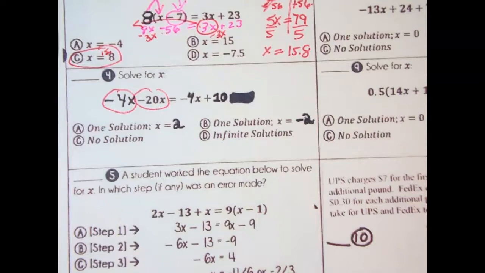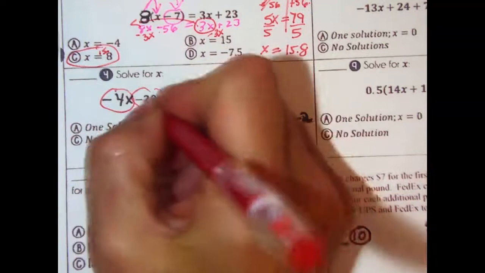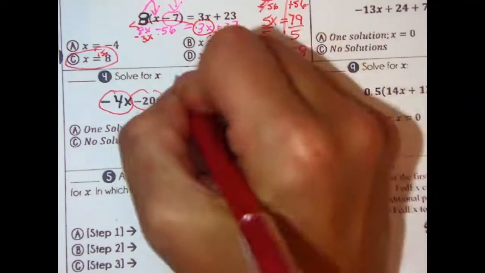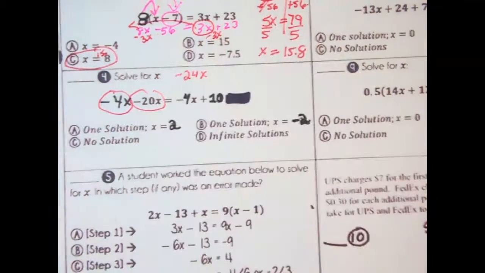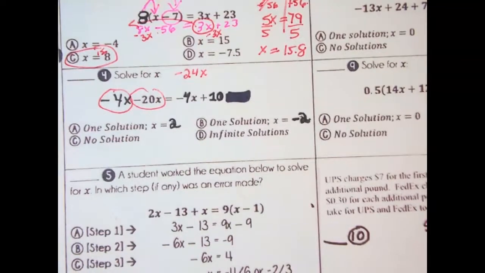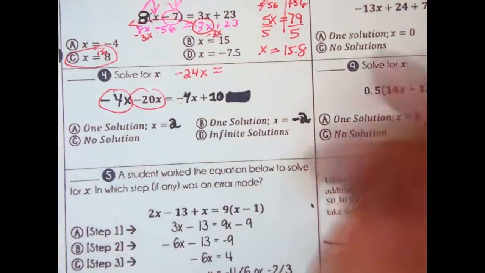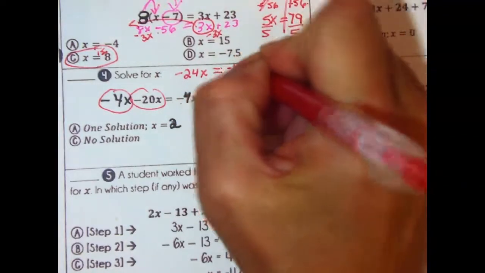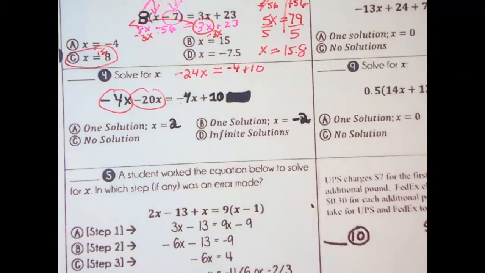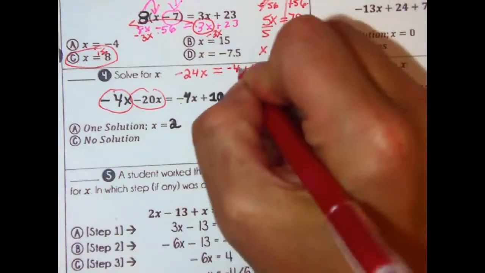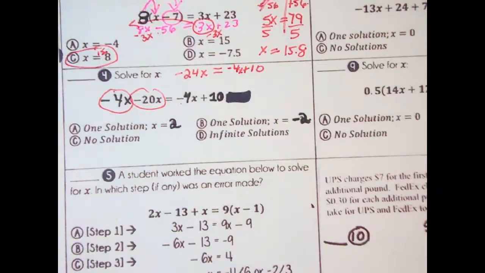So I end up with negative 4x minus 20x, which gives me a negative 24x. I'm just writing it up here. There's a little more room for me. And then that would equal, this is negative 4x plus 10. From there, I'm sorry, I have my newest step. I forgot the x there.